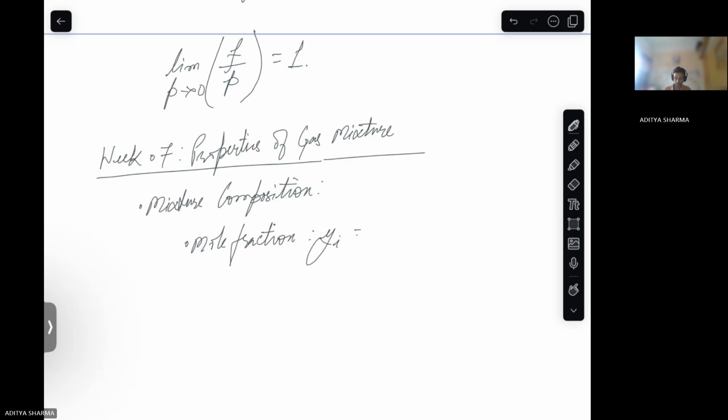Ni is the number of moles of some component in the mixture, and N is the total number of moles in the mixture as a whole, right? And then this summation is always equal to 1. So the mole fraction of all the components of a mixture, when added, give you unity.